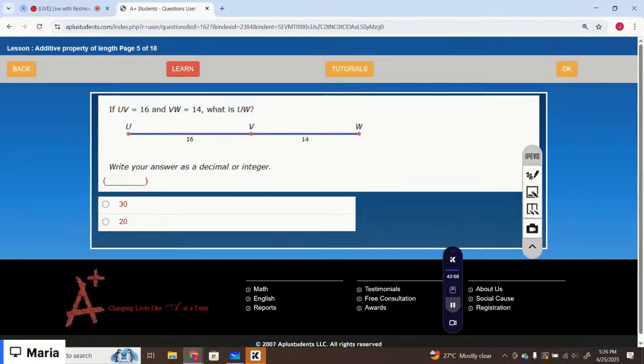If UV equals 16 and VW equals 14, what is UW? That is 30.